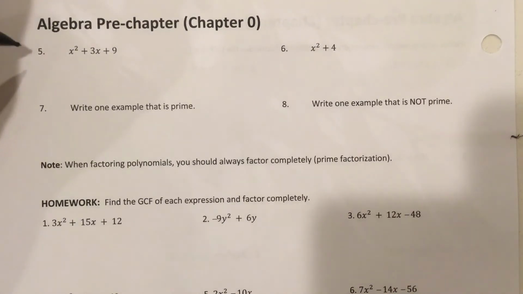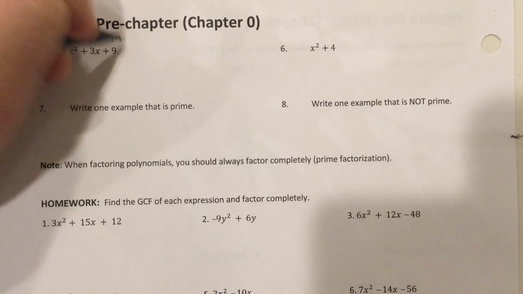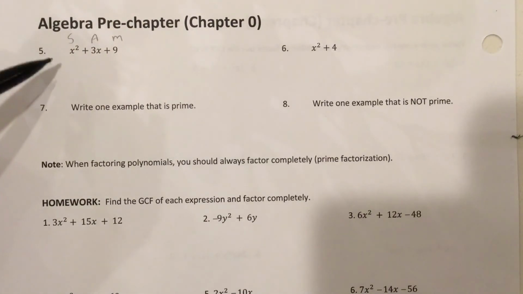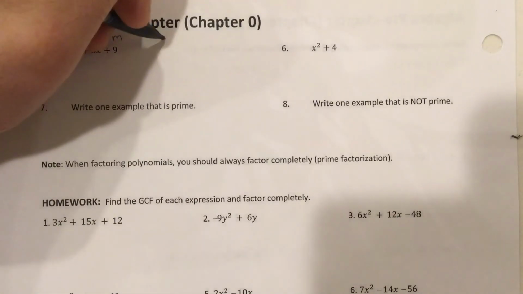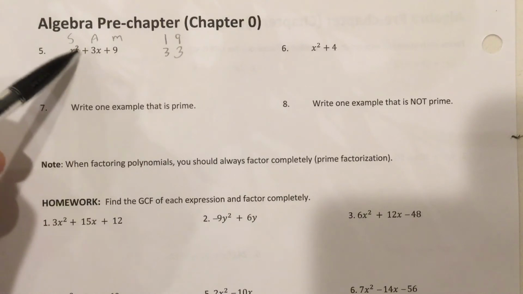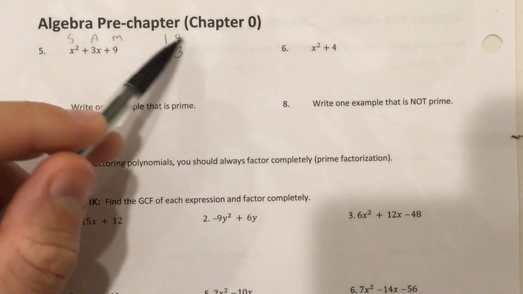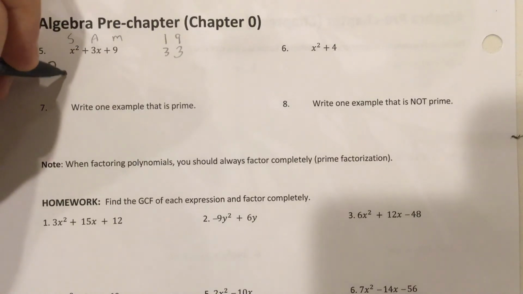All right, for number 5, we're saying, all right, there's no GCF. We're looking for SAM. And it looks like it should be factored. But if I'm trying to figure out what multiplies to 9, well, I have 1 and 9, 3 and 3. I can't get any of these factors to add to 3. So therefore, this is actually prime.